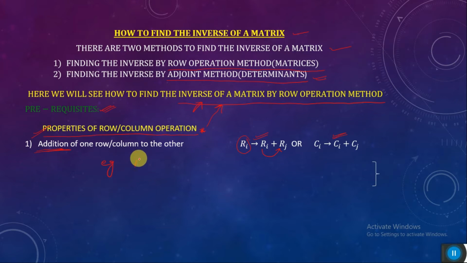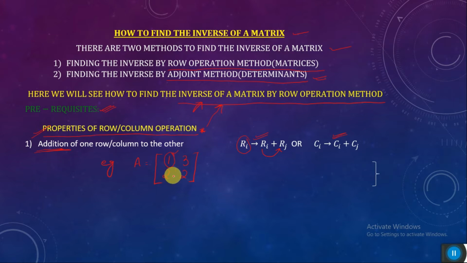Example, if I have a matrix A, suppose I have 1 2 3 and 2. Now suppose I want to make this element 3. How can you make this element 3? You will just add 2 here, right? But in row operation you cannot directly add 2.